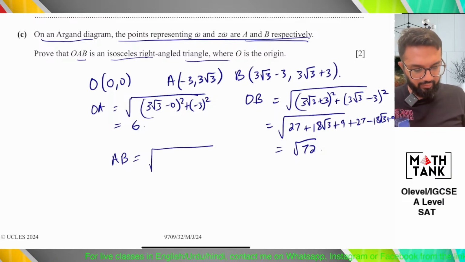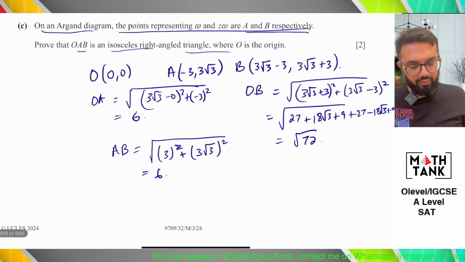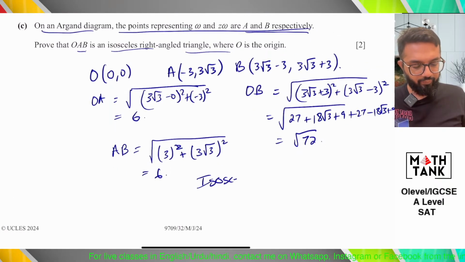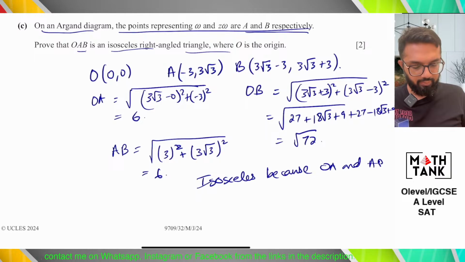AB is then 3 root 3 minus 3 root 3 plus 3 minus 3 root 3, so that's 3 squared plus 3 root 3 minus 3 minus minus 3, so that's 3 root 3 squared, that gives me 6. So I've proved to you it's isosceles because OA and AB are the same.